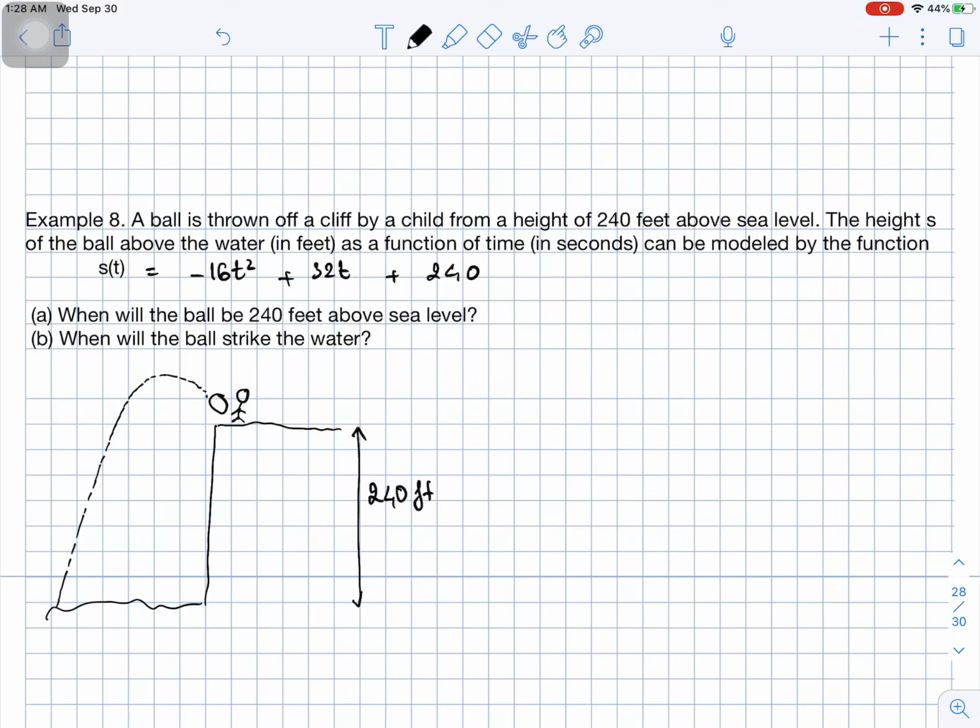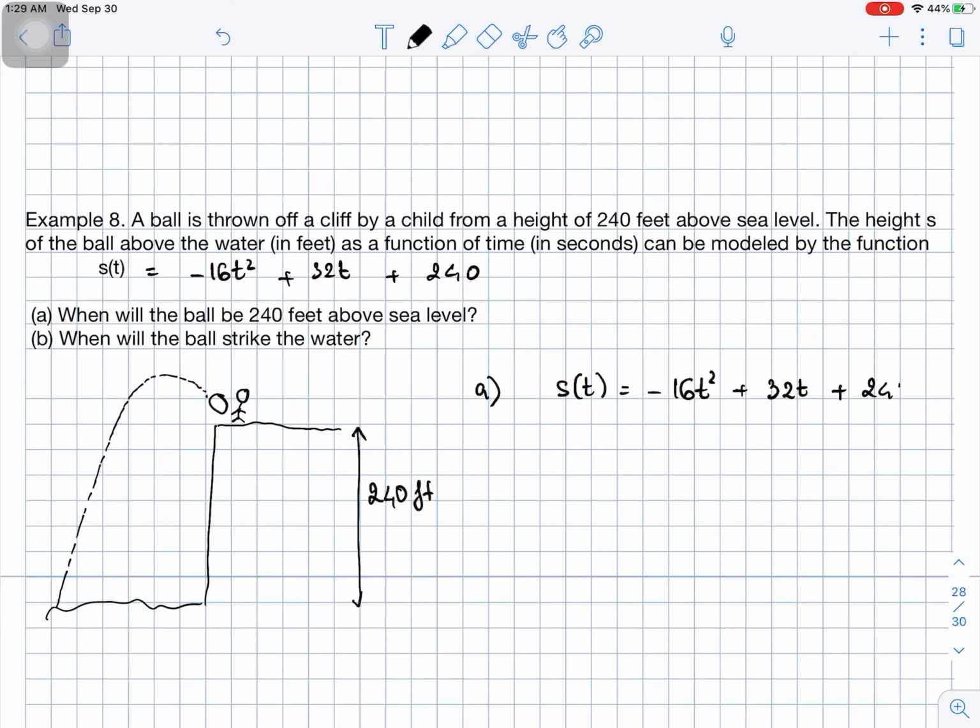The height s of the ball above the water in feet as a function of time in seconds can be modeled by the function s of t equals negative 16t squared plus 32t plus 240. A. When will the ball be 240 feet above sea level? And you know that we need to use the information that they give us in the problem.